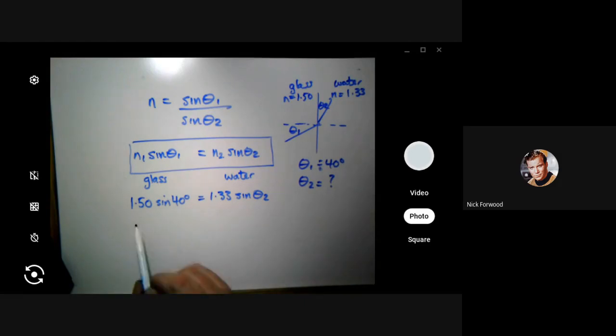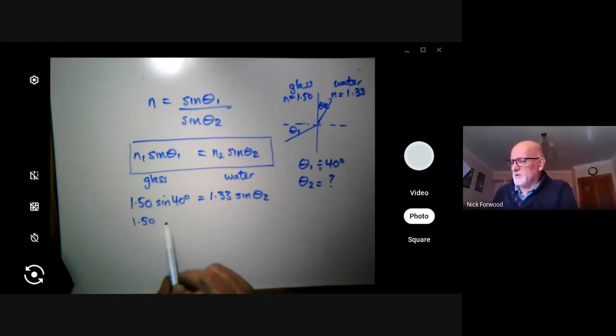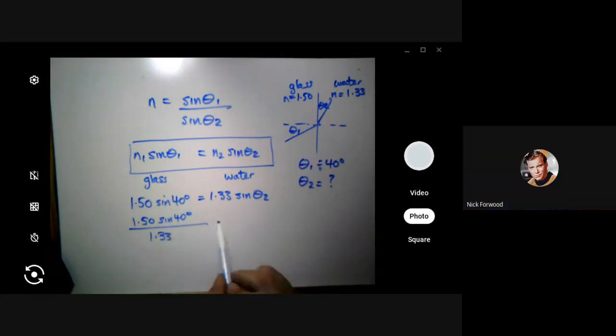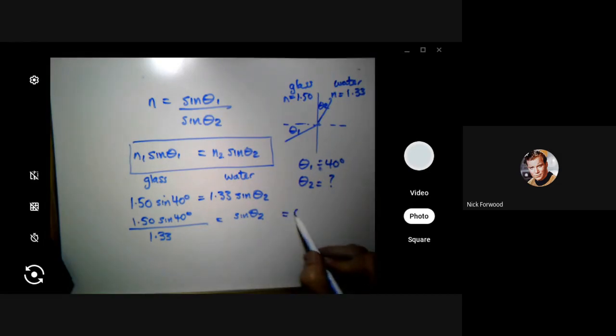We can do 1.50 sine 40 divided by 1.33 is equal to sine theta 2. I can put all of that in my calculator, which I've done already, and I get 0.725.